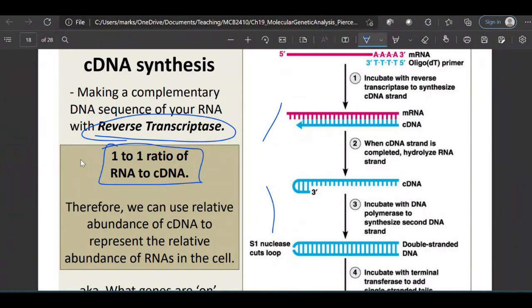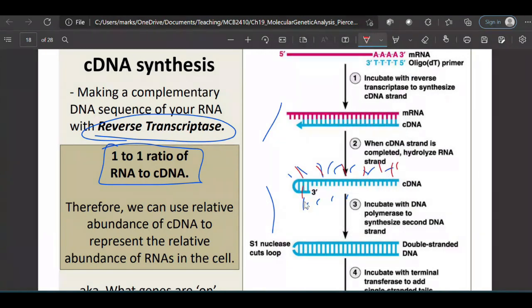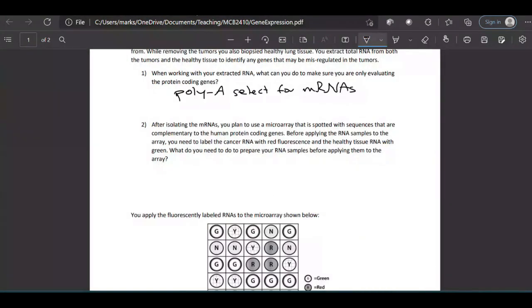And in the process, we can label this with fluorescence. We should do that in red. We can have fluorescently labeled nucleotides to convert our RNA into DNA and also incorporate our fluorescent tag at the same time.